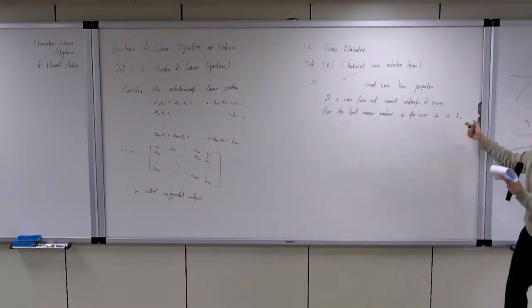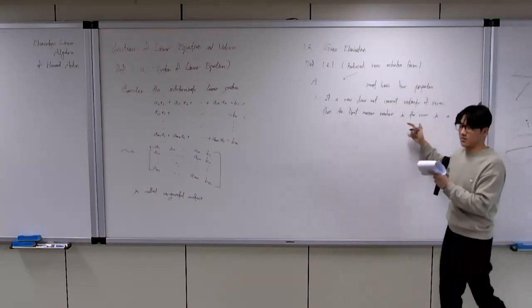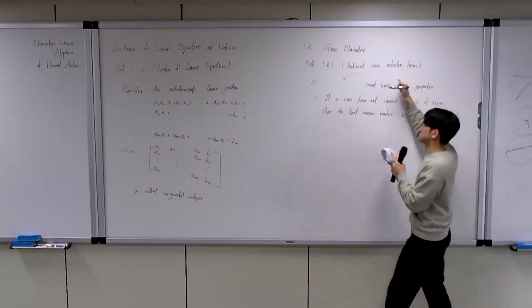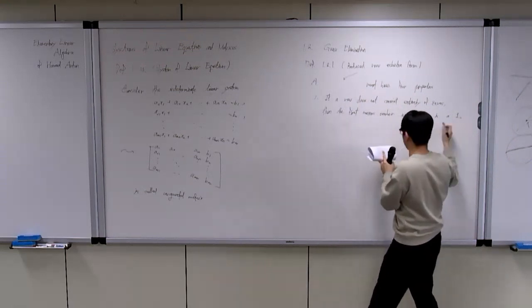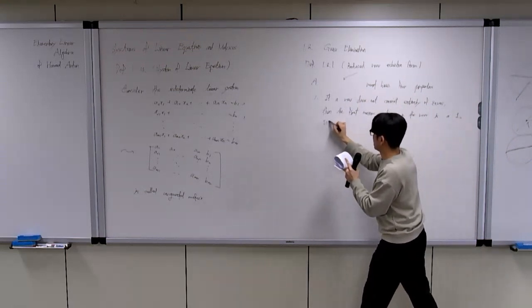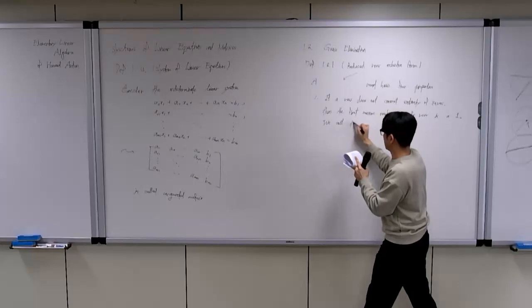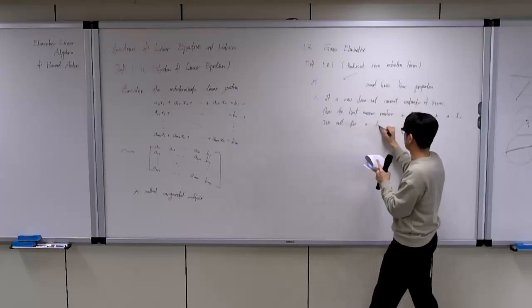We will make this form finally, so I will explain what the reduced row echelon form is. We call this the leading one.